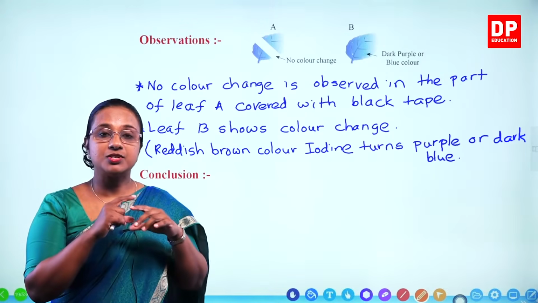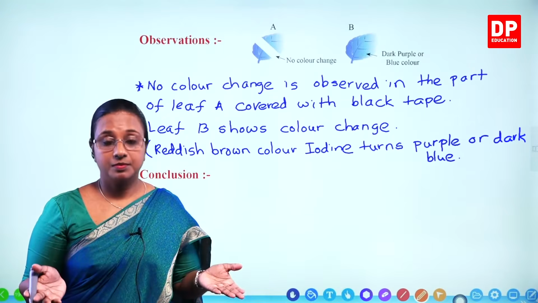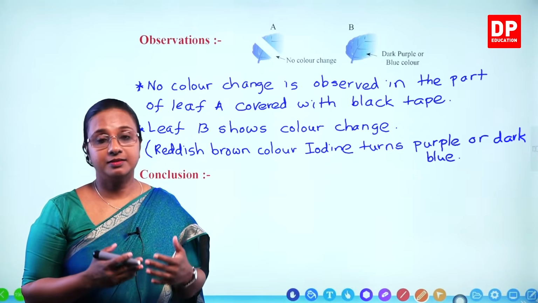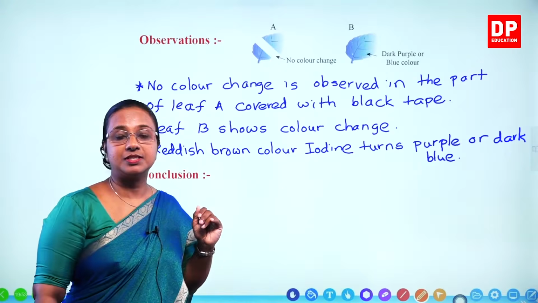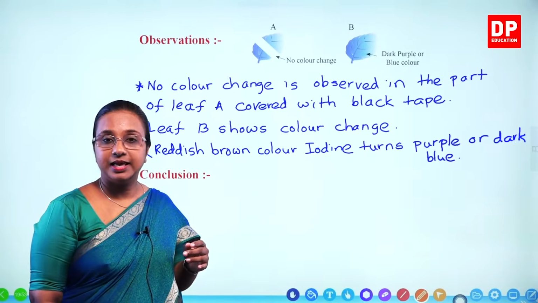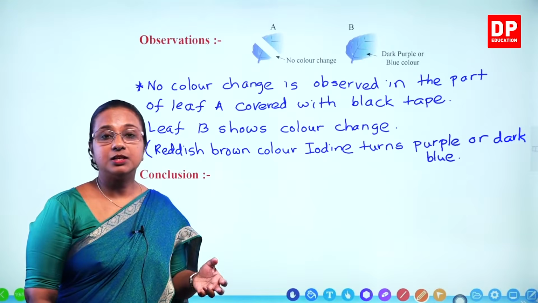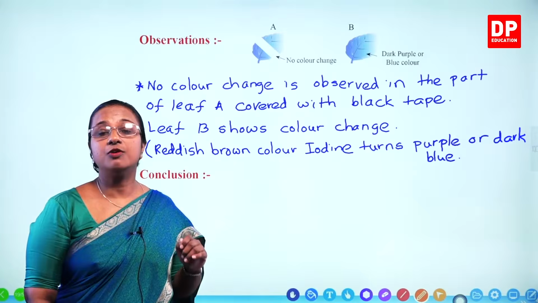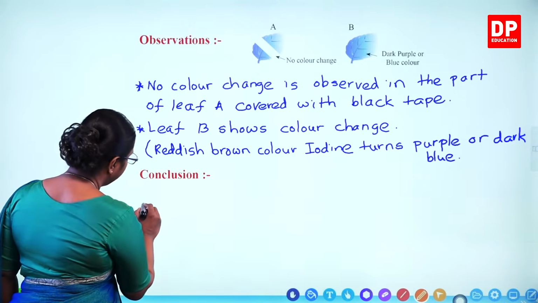Although leaf B was covered, it was covered with transparent tape. So sunlight can penetrate through that tape. So there was photosynthesis and there was starch. That is why it gave color. So from this, we can conclude that light energy is needed for photosynthesis. So that is the conclusion of the activity.